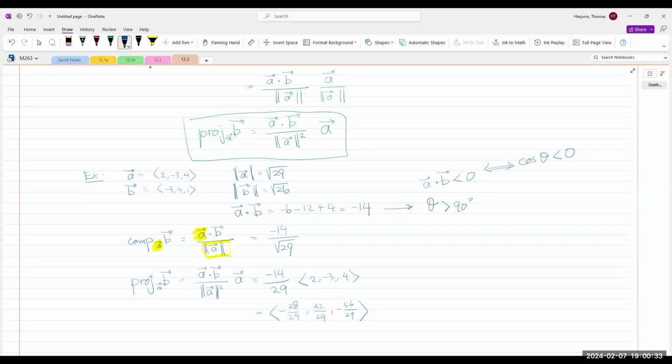Yeah, of course, component of A onto B is something you should try. Okay, no, they are not. They are usually not the same.